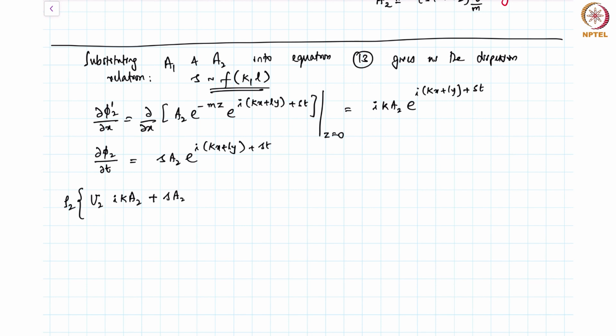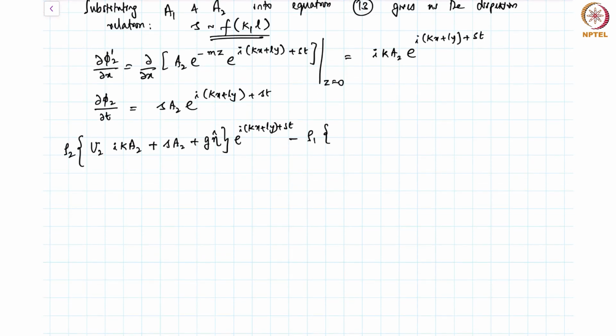Now finally we have g times eta, that just becomes g times eta hat. This quantity has an exponential of i(kx plus ly plus st). That's what is sitting outside. Then we have minus rho 1 times u1 times ik A1 plus s A1, the equivalent terms.